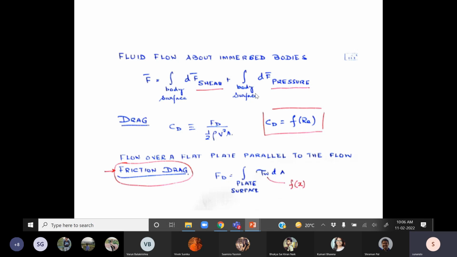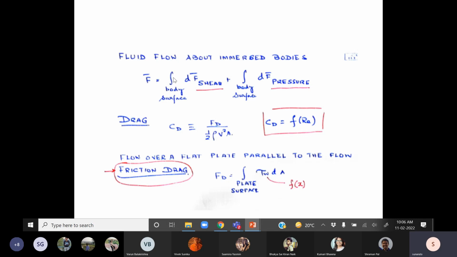This should be the frontal surface, or in many cases for irregular objects, the projection of the whole thing into a plane perpendicular to the direction of flow. Whereas the body surface that I talk about here is the surface which is parallel and in contact with the fluid, and that's where the shear forces act.